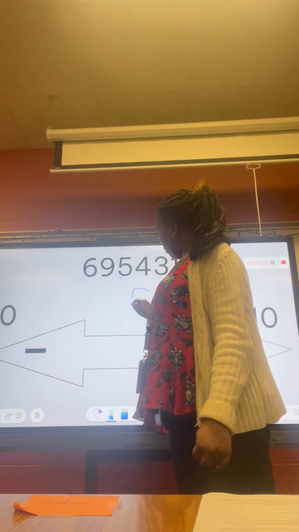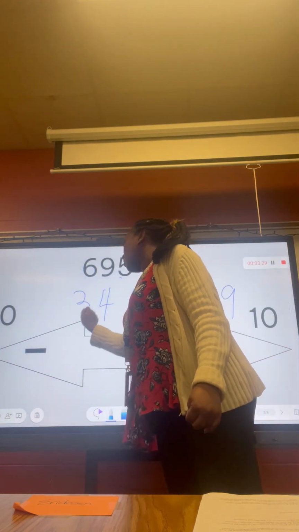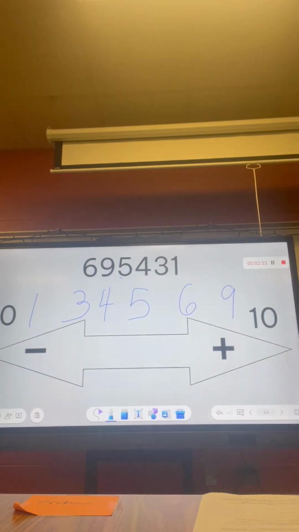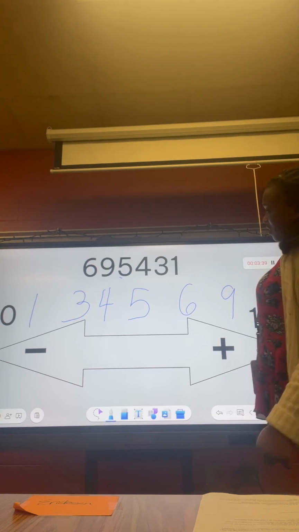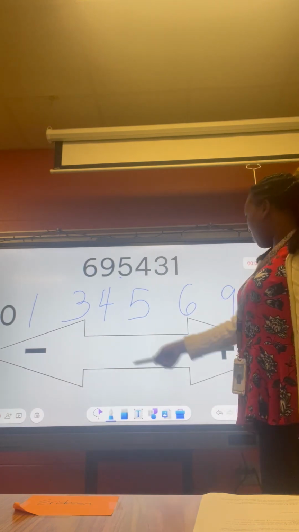Then 5, 4, 3, and 1 is the closest to 0, which makes it the smallest number. Remember, use the number line if you have to.